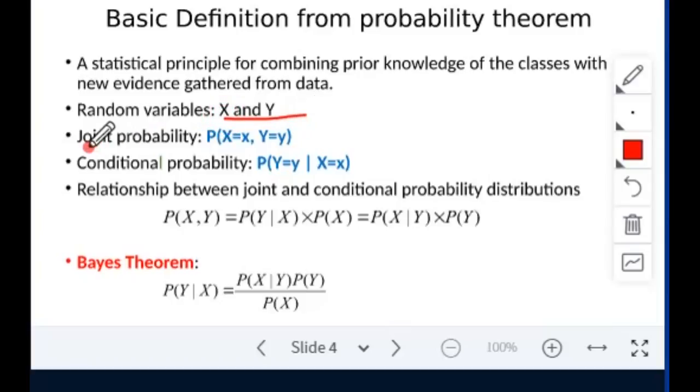The joint probability, that is P of X equal to x, Y equal to y, we call as a joint probability. Capital X and capital Y are random variables, and small x and small y are values. When I say variable, it is nothing but the attribute in our training data set.